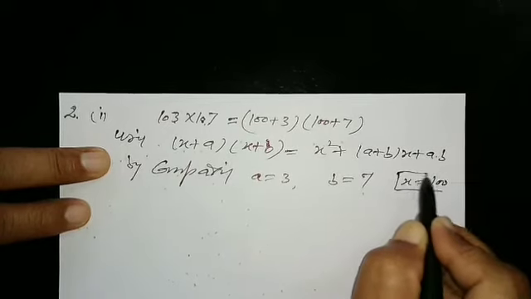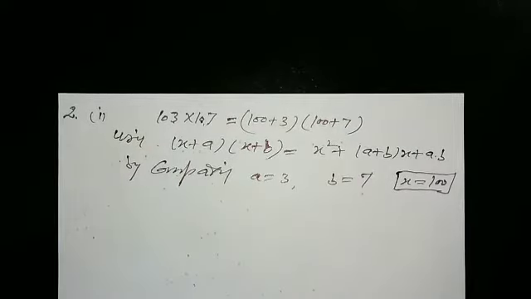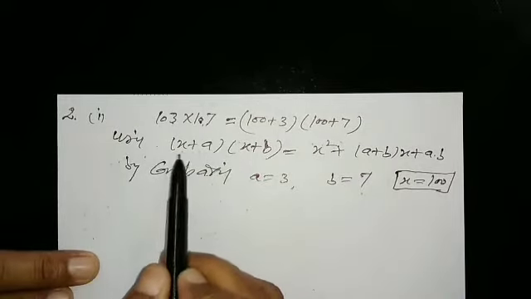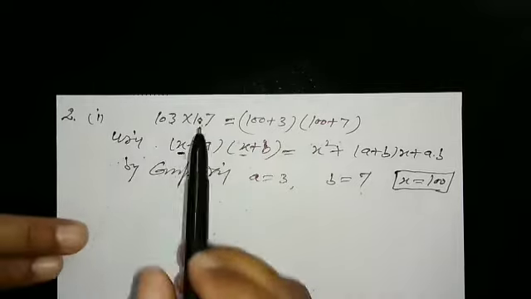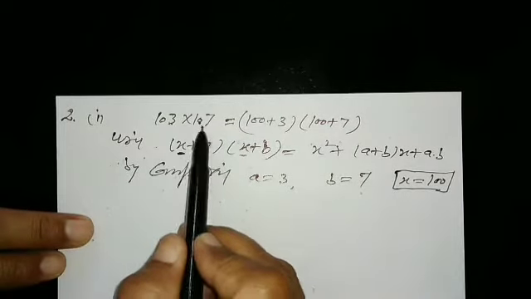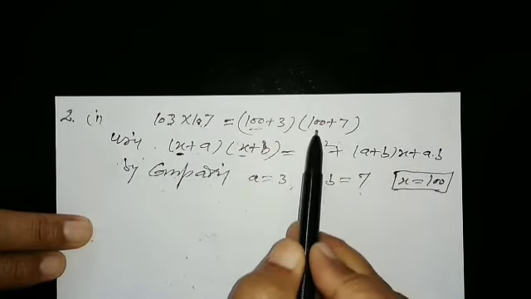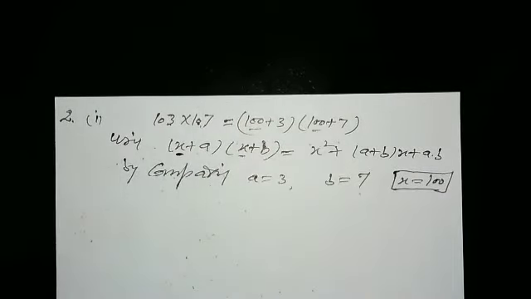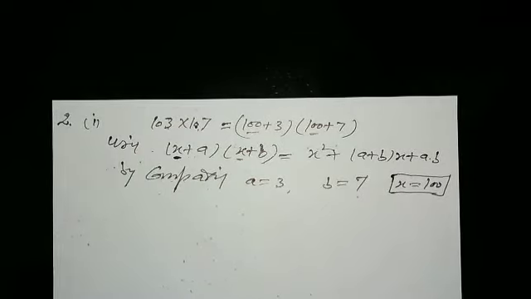This is the point to keep in mind. What is the point? The point is that in this identity x is the same, so we have to make factors of these two numbers which have the same value. If it is different, then this identity will not work, right?